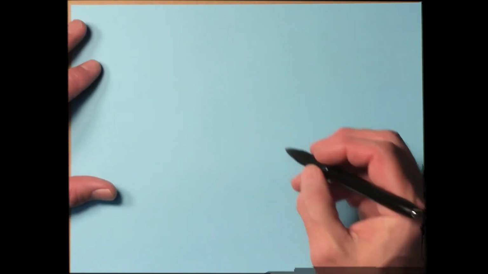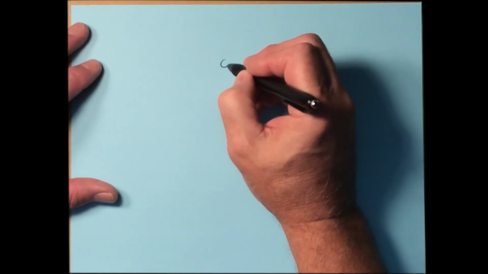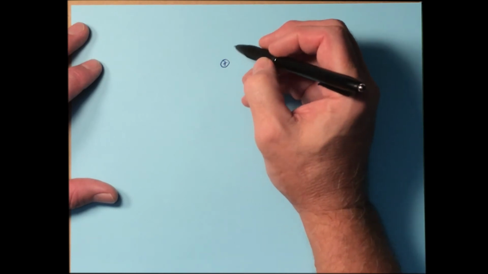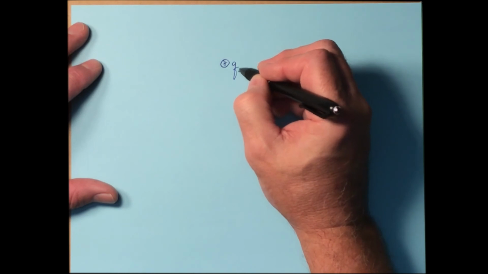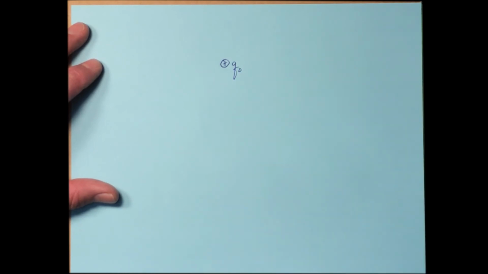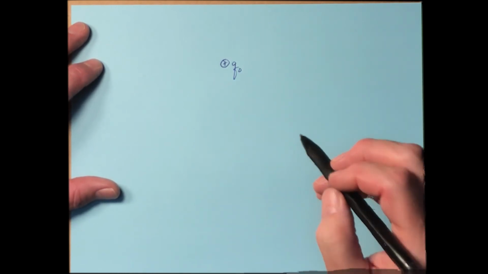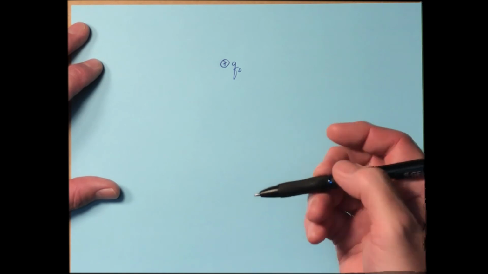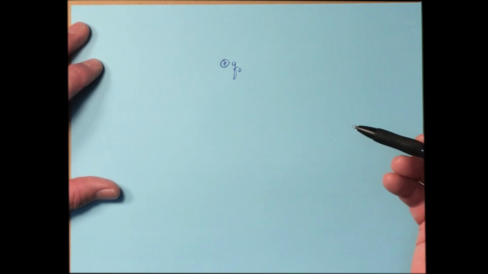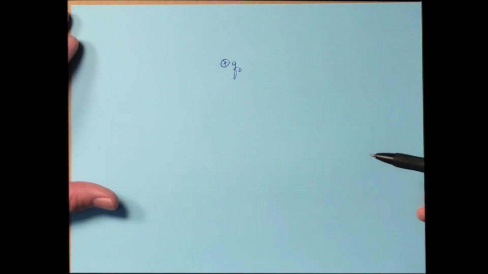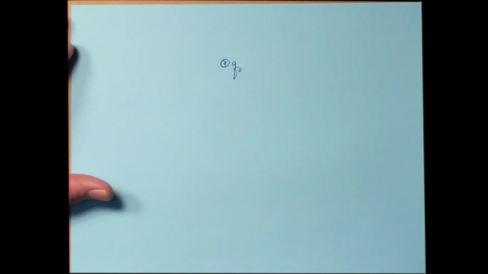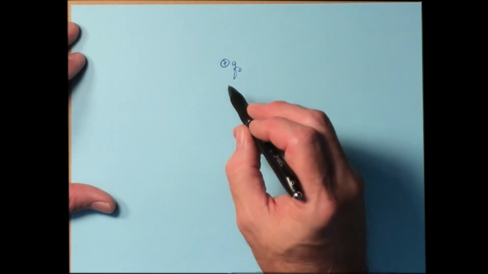So let's say I have a positive point charge, and that positive point charge is just Q. We could give it a subscript, Q naught, if you want to. All right, I'm going to use Gauss's law then, and this is the real power of Gauss's law, the real usefulness that you will use during this course, to determine the electric field due to that point charge. Now, you know the answer to this.